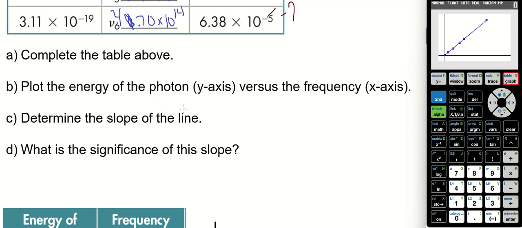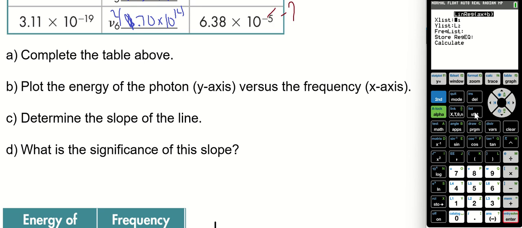Plot the graph. Determine the slope. We're just going to let the calculator do that as well. So go to Stat, Calculate, Linear Regression. X on list 2, right?